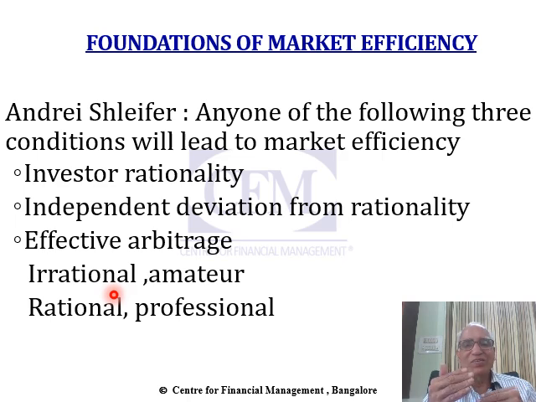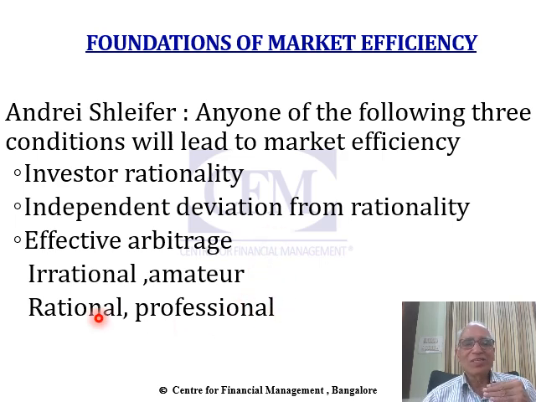Irrational amateur investors may become excited about stocks and move the prices to an irrationally high level, or they may become very pessimistic and drive prices far below intrinsic values. When the actions of irrational amateur investors cause significant deviation of prices from intrinsic values, rational professional investors will find wonderful opportunities for effective arbitrage.